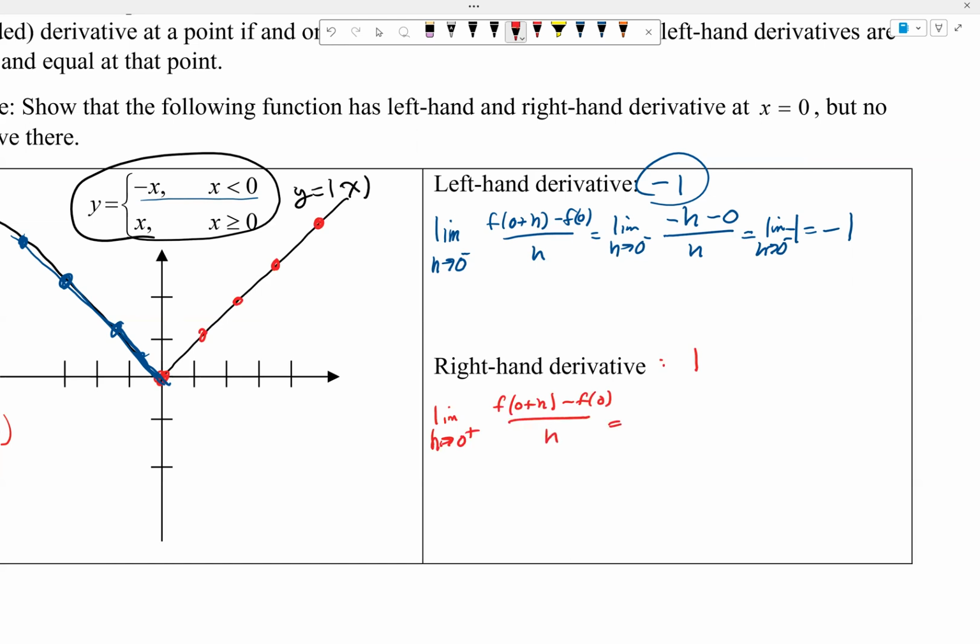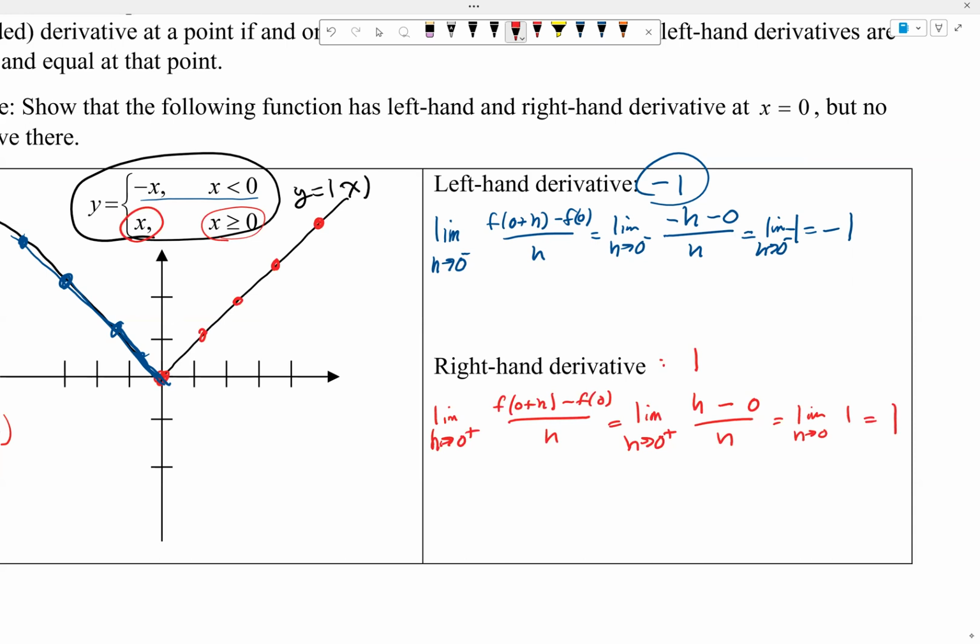If h is slightly positive, the function is in the positive condition, so I use that as my definition. Then f of 0 is 0, and this is h over h. That looks like the limit as h approaches 0 of 1, which is 1, exactly what we saw.